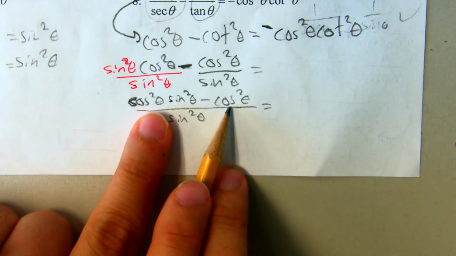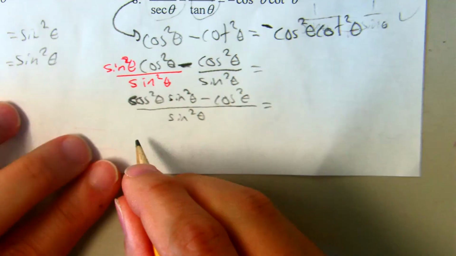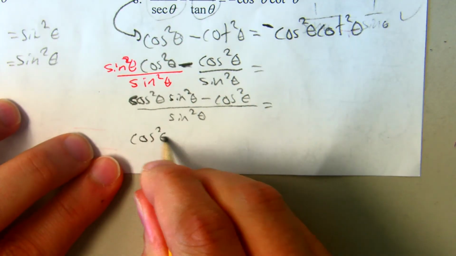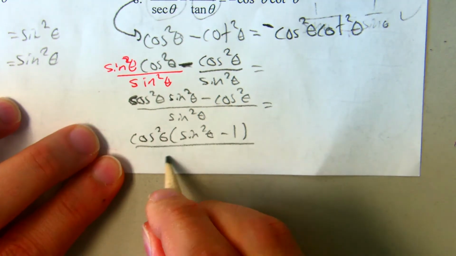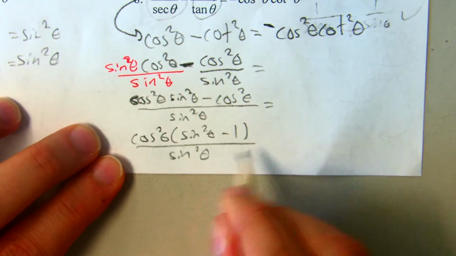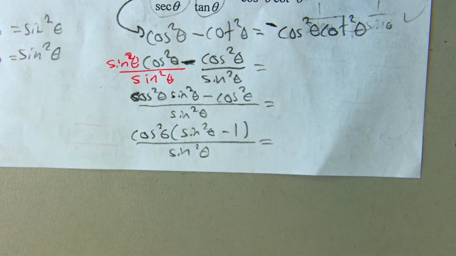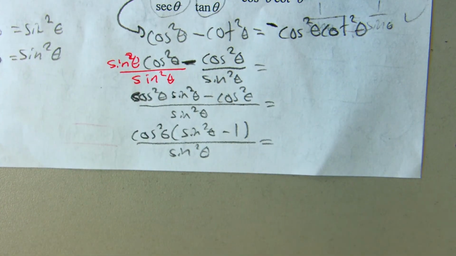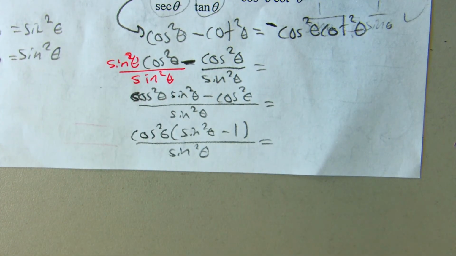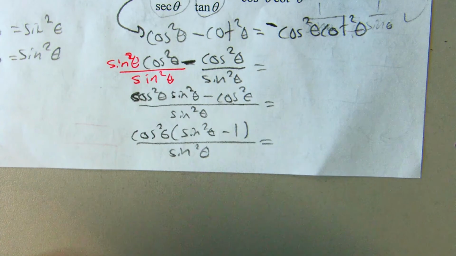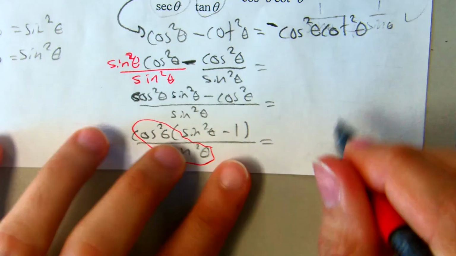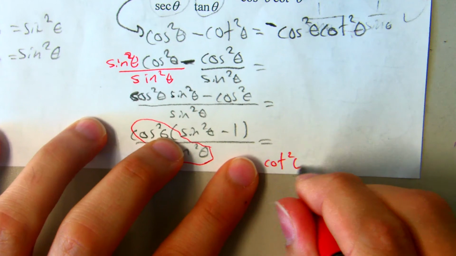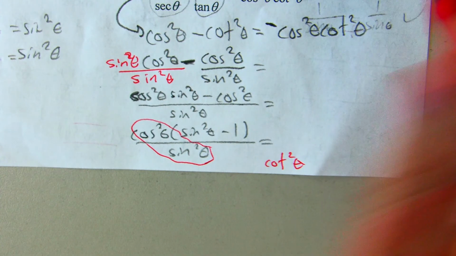Well, both of these have a cosine squared, so you can factor out a GCF. And this piece, cosine squared over sine squared, gives me cotangent squared, which I want.